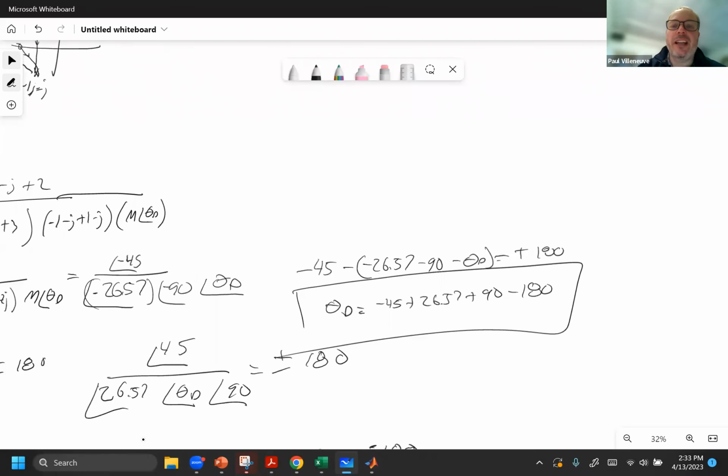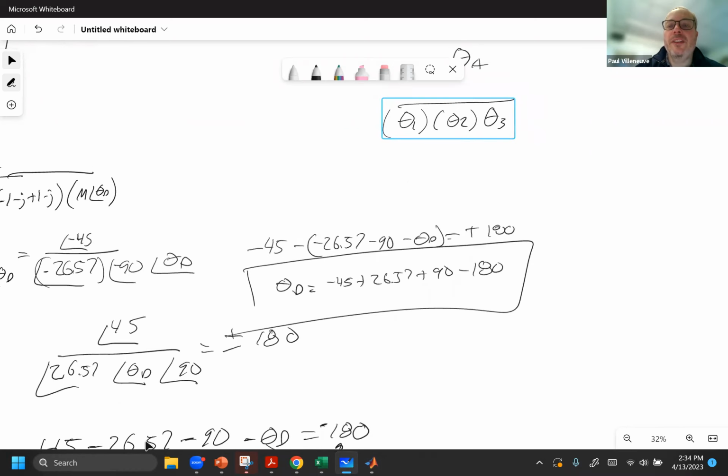For the arrival angle, I'll just put theta a over here, and I'll put theta 1, theta 2, and theta 3. So this is going to be equal to theta a, which I'm trying to solve for, minus theta 1 plus theta 2 plus theta 3 is going to be equal to plus or minus 180.